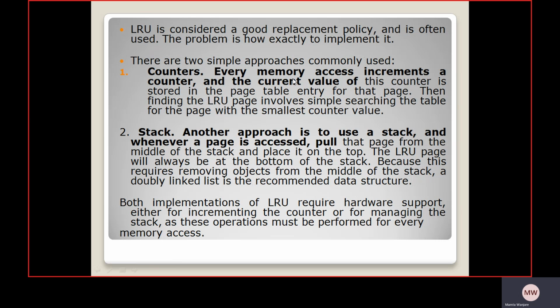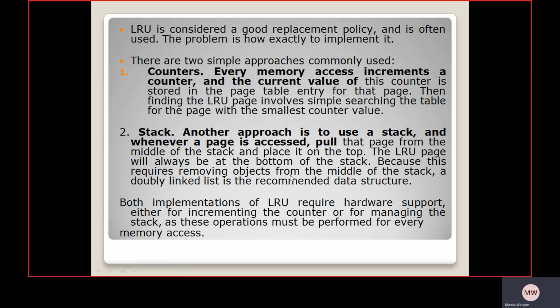Counter: every memory access increments a counter, and the current value of this counter is stored in the page table entry for that page. Then finding the LRU page involves simply searching the table for the page with the smallest counter value. Stack is the second approach. Whenever a page is accessed, pull that page from the middle of the stack and place it on the top.